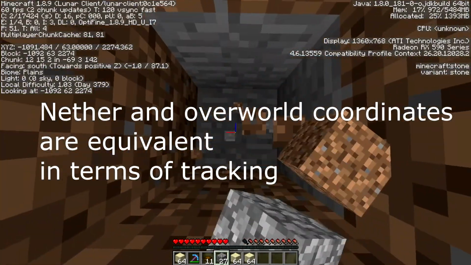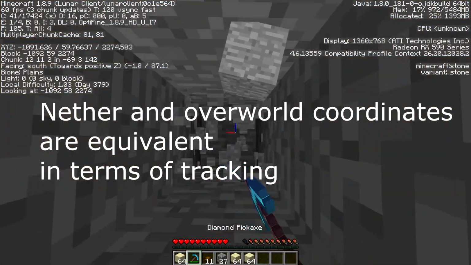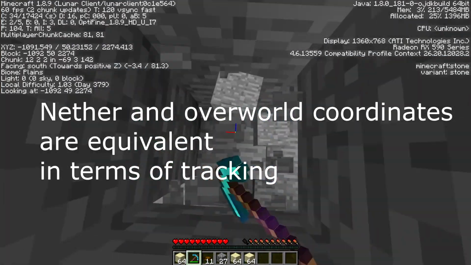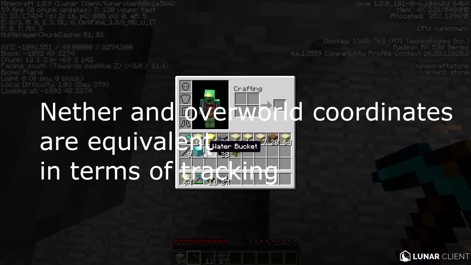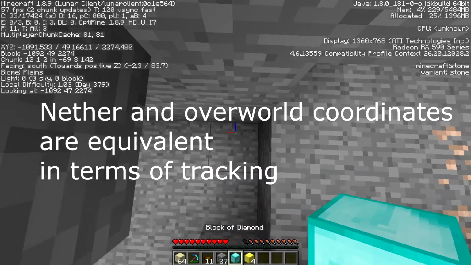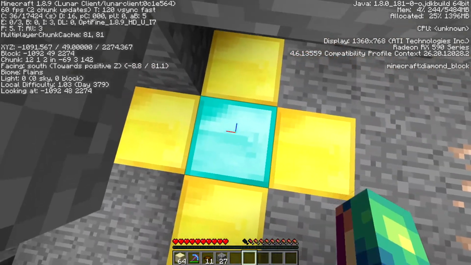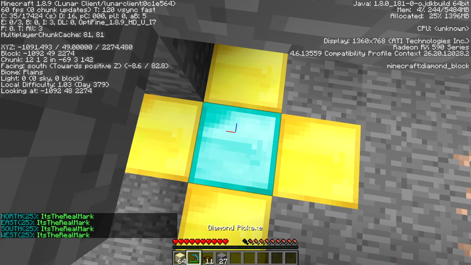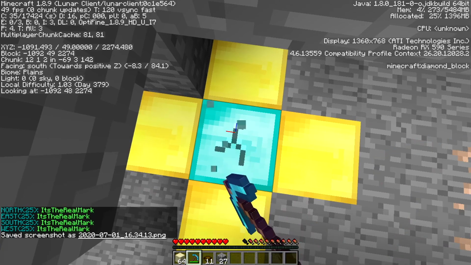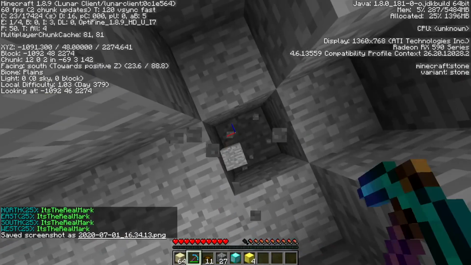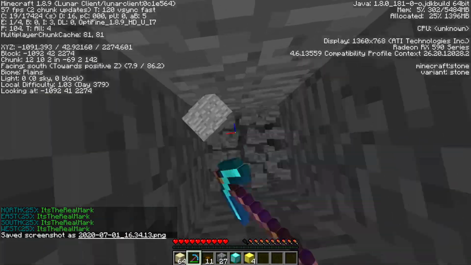He could be at a blaze spawner just AFKing and farming XP, so that's a possibility as well. If I really wanted to check if he was within these 1x1 coordinates, I'd do this track, and he is. So I'm not wrong, I did the math right. And yeah, let's just keep digging, because he should be in a 1x1 right here.